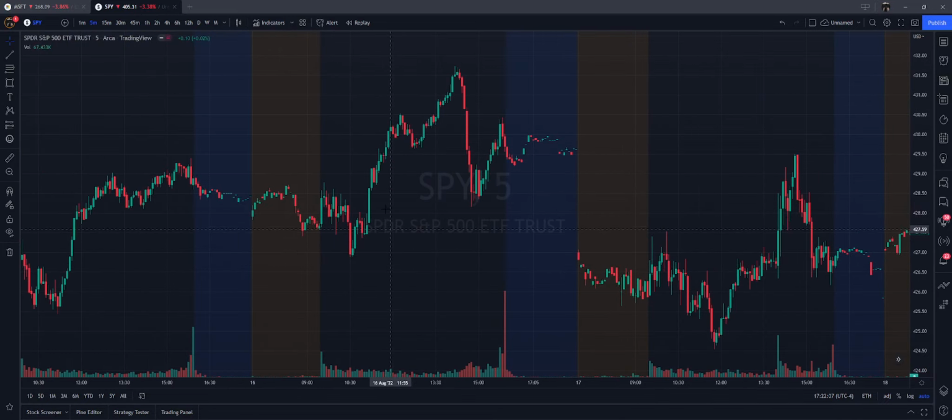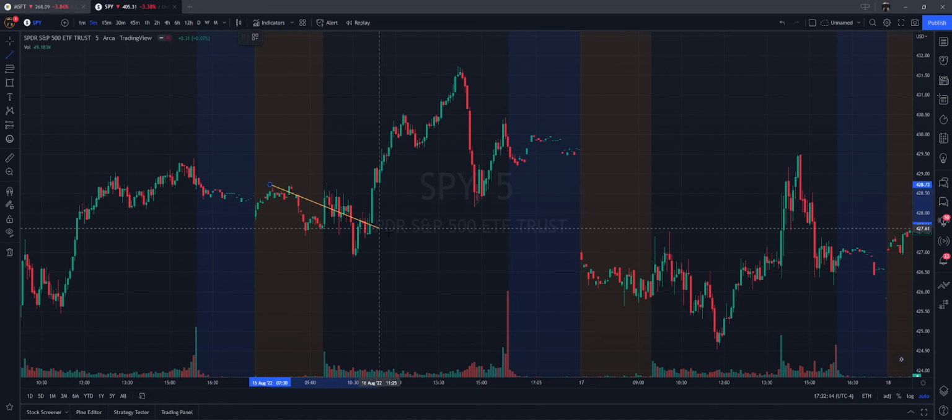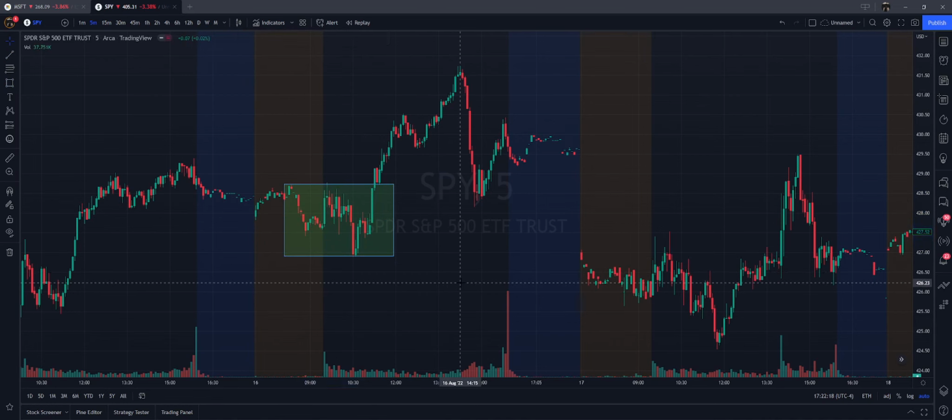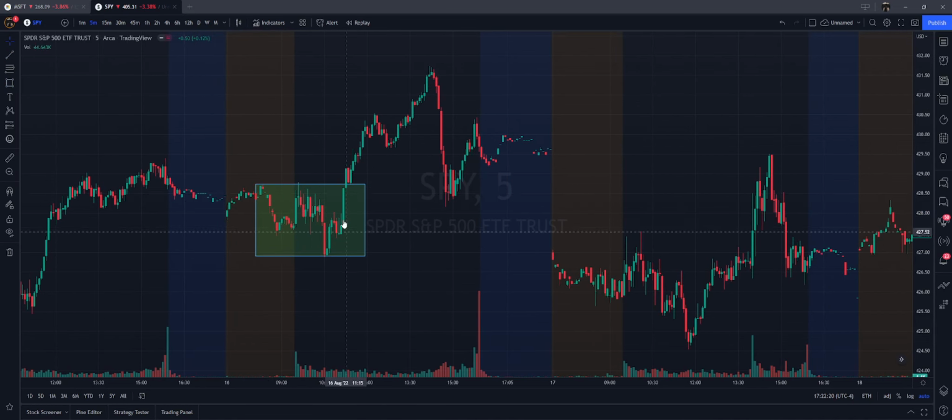right here. We have a range and we have the breakout. This is the range right here. So if this is the case, I would put the demand zone somewhere right here. Yeah, this is the demand zone.